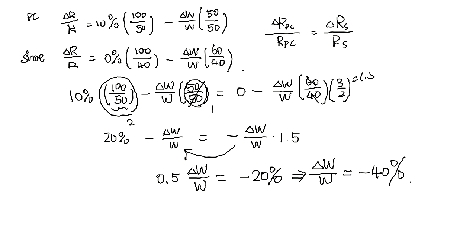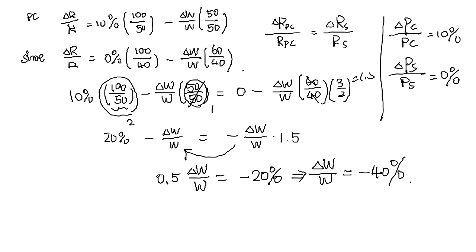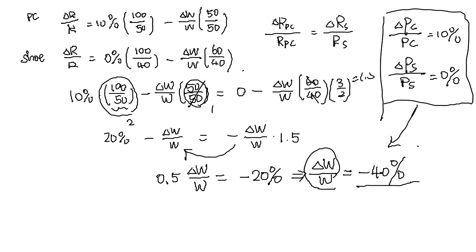So you see, if you compare with the original condition we have this, we have this. Now we figure out the percentage change in the wage is equal to negative 40%.